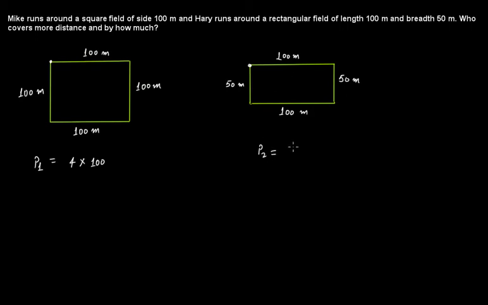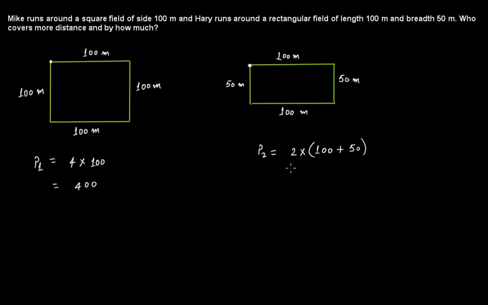And this will be equal to what? This will be equal to 2 times 100, that is length, plus breadth, that is 50. So if you calculate this, this will be 400.